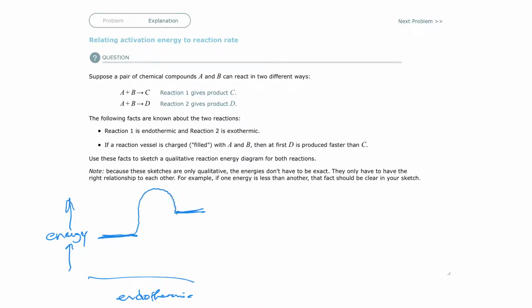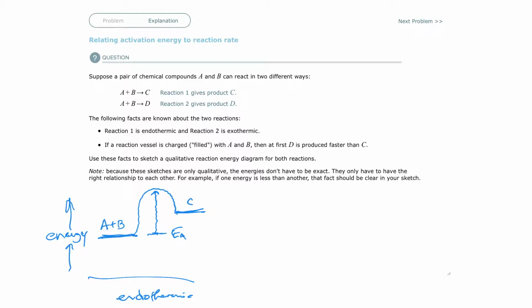Your activation energy would go from the level of where you start to the top. This would be the energy of activation, E sub A. This is your reactants, A plus B, and here's your product C, and that's endothermic.